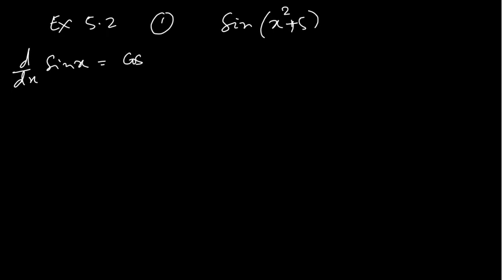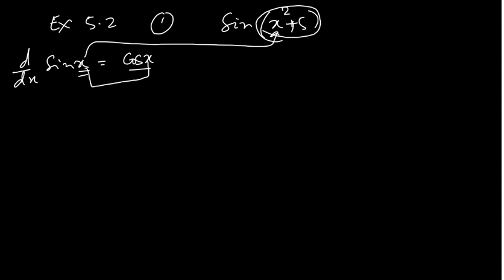Cos x, correct. If it is x, I know it is cos x. But you don't have x here. You have something else instead of x. So if it is x, here also x. So immediately differentiation for sine is cos of x square plus 5.